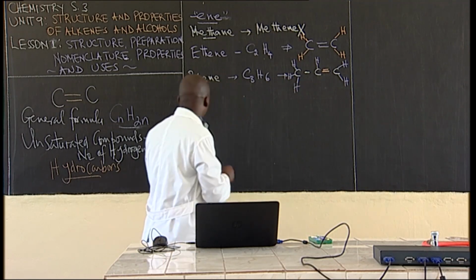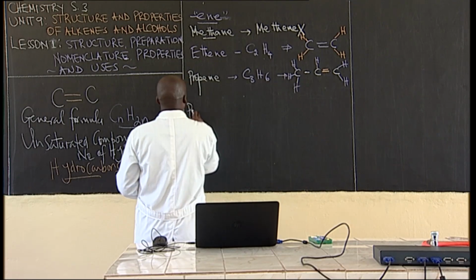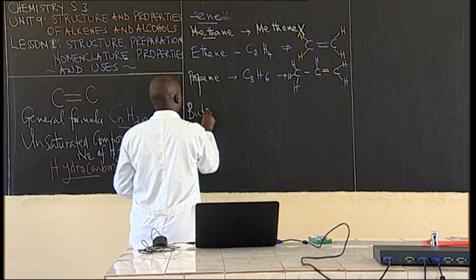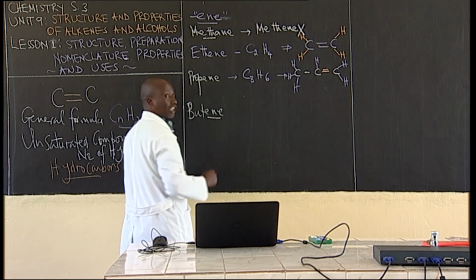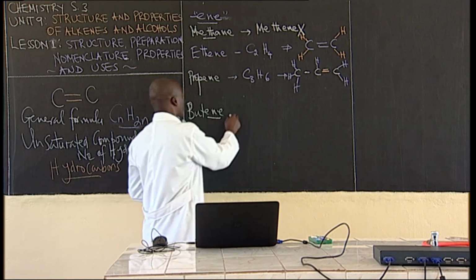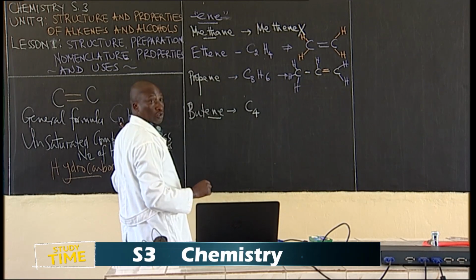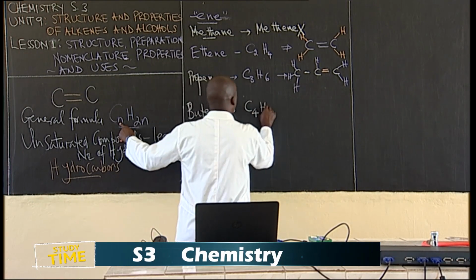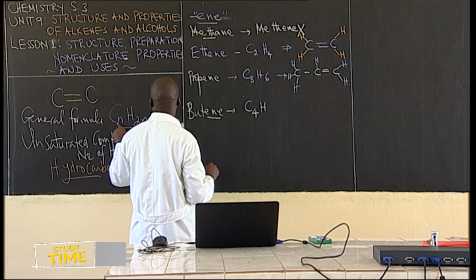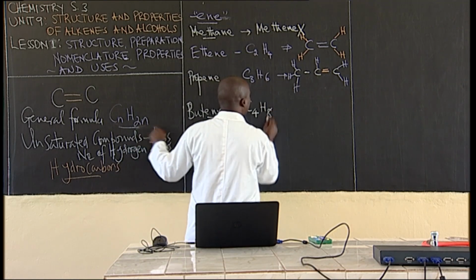So we can have another compound. We can have butene. The ending is very important. So that is C4. You remember you need to use this one. The hydrogens are how many? When the carbon atoms are 4, these will be 8.